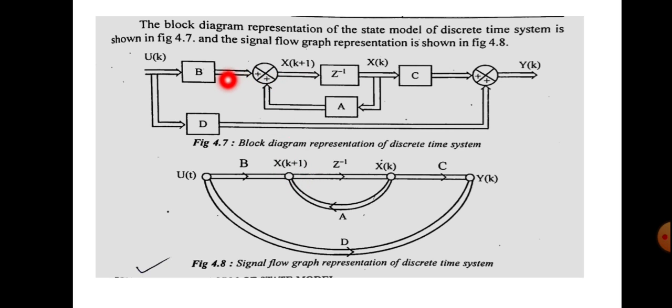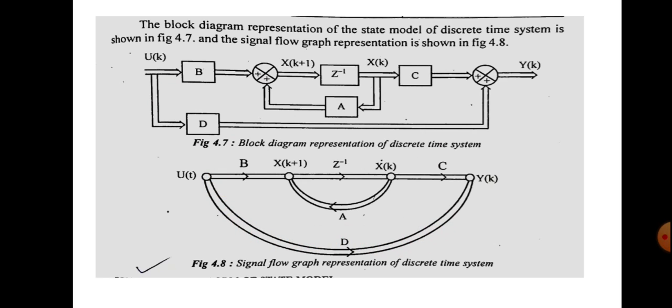The signals come from b and from the feedback path, so the feedback path is marked here. The next element is the delay element, represented as Z inverse, and the next node is x of k. The next scalar is c, and the next point is the adder, shown here. The signal at this point is y of k, and here also a signal comes from the input node, scaled by d.